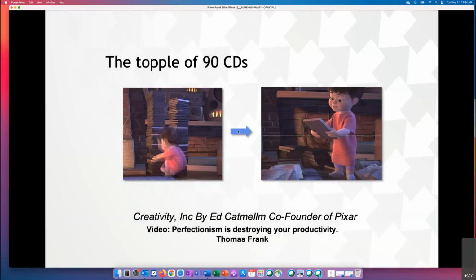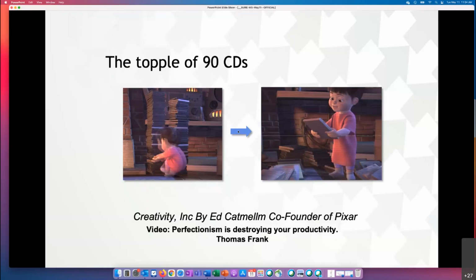The follow-up example is from Monsters, where Boo is grabbing a CD out of the collection, and all of those CDs kind of tumble. Truthfully, the staff that were animating were responsible for constructing those CDs, and did 90, I think it was 90, different cases of those CDs with the details on each case.